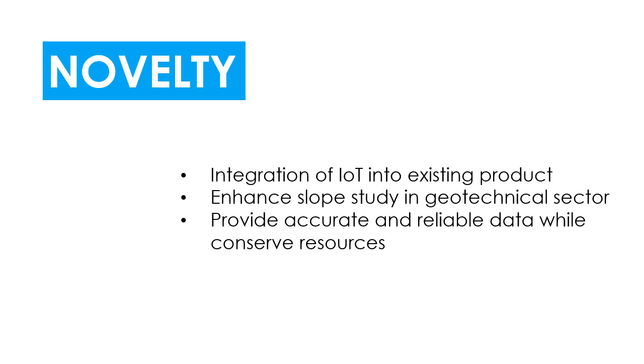Since the soil moisture sensor is commonly used only in agriculture sector, this shows that when we integrate IoT system, this sensor can enhance more on slope study in geotechnical area. So with the accurate and reliable data we can obtain from this innovation, we can also do predictions on slope failures more accurately. Thus, we can conserve resources.